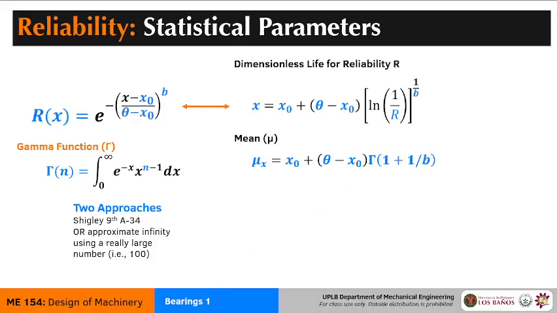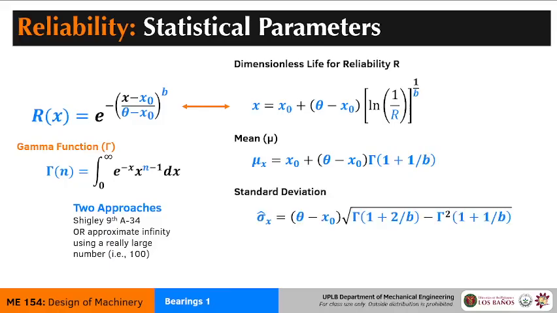Next is, okay, what is the median? The median here is 50%. This is important. If we say 50%, that means we haven't looked at the median yet. I'm going to show you later what the median is. So this is the standard deviation. You have a square root of two gamma functions: this gamma function here, and then a gamma function that's squared.